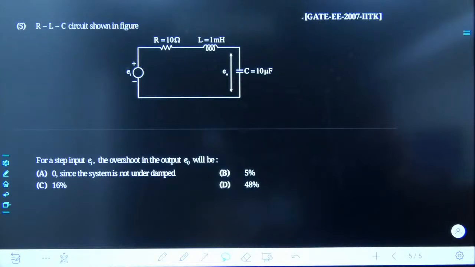So until and unless the value of zeta is known to me, I would not be able to proceed forward. And once the value of zeta is known to me, by the help of e to the power of minus zeta pi divided by the square root of 1 minus zeta square, I would be able to calculate the percentage overshoot. Tell me what would be the precise answer for this given problem.